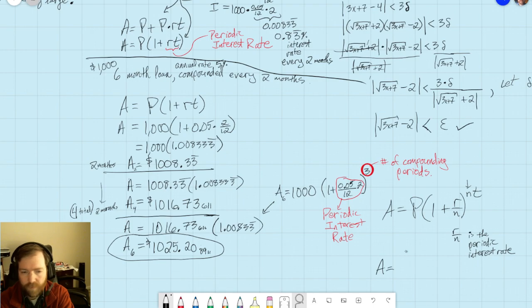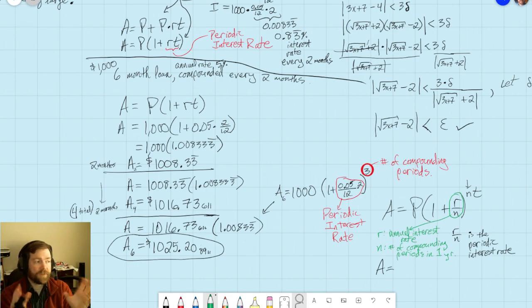So, realistically, we're trying to standardize this. R is the annual interest rate, and N is the number of compounding periods in 1 year.